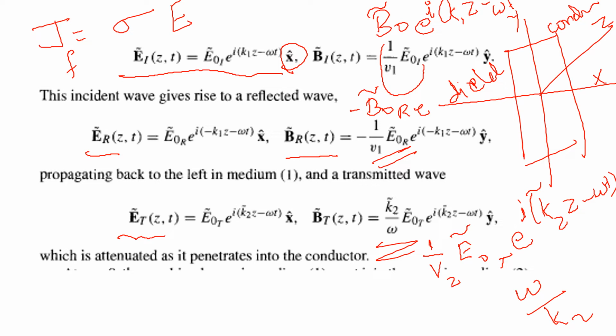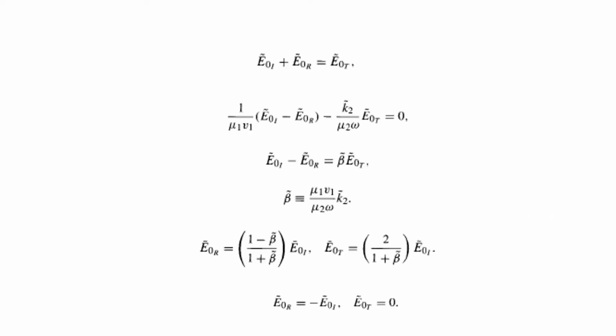Now, applying the boundary conditions at z equal to 0, which is the boundary between the dielectric and the conductor. At z equal to 0, the combined wave in the first medium must join with the combined wave in the second medium, according to the boundary conditions that we discussed.